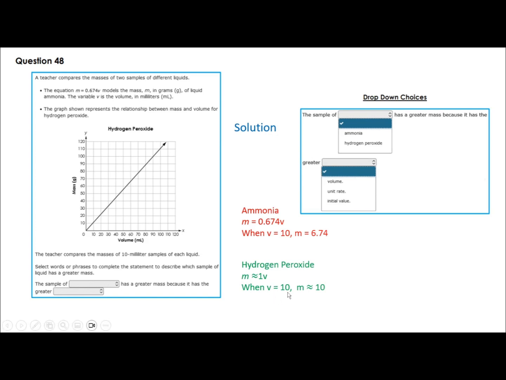When V is 10, M is almost 10, see? So now what do we have? The sample of hydrogen peroxide has a greater mass because it has the greater unit rate.